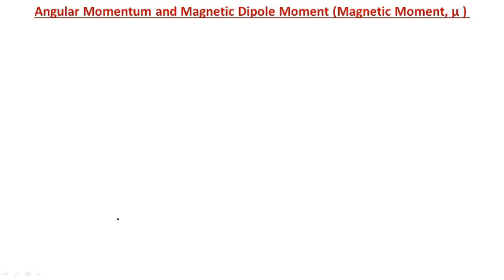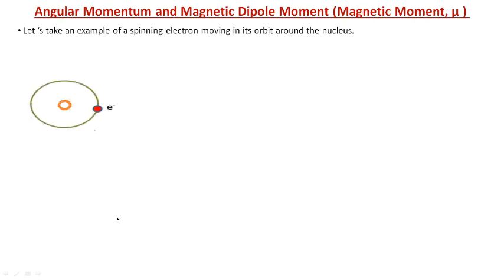Let us first take an example of a spinning electron which is moving in its orbit around the nucleus. This electron is moving in an orbit around the nucleus and its motion is in the clockwise direction.